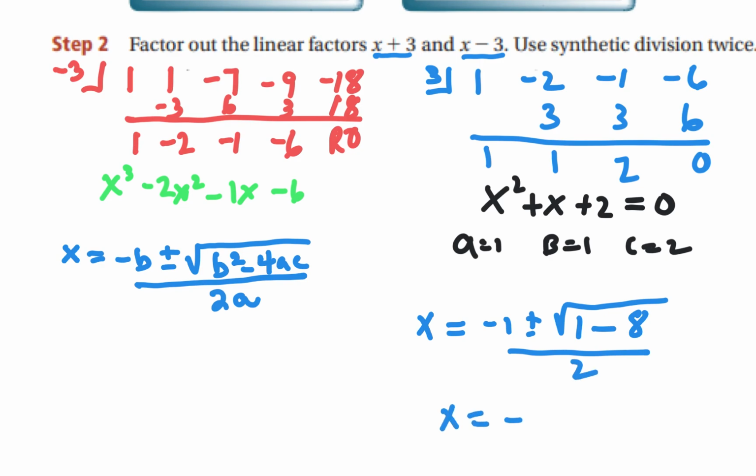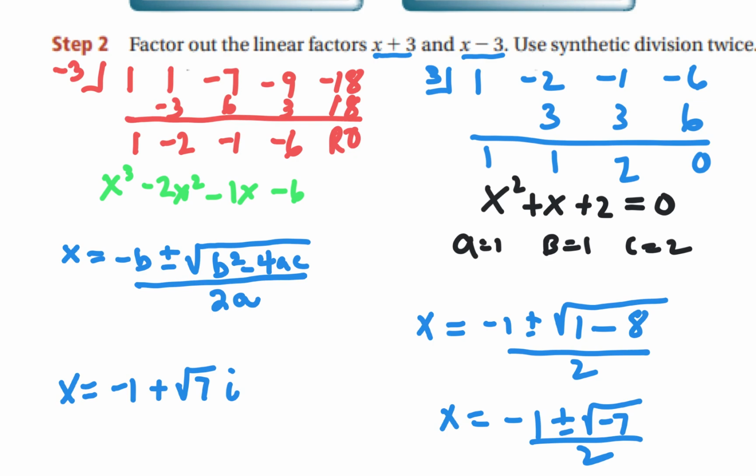So we have x equals -1 plus or minus square root of -7 over 2, and there is our complex number. So we have x equals -1 plus the square root of 7i over 2. Remember that i is the square root of -1. And then the other complex number is its twin, -1 minus square root of 7i over 2.